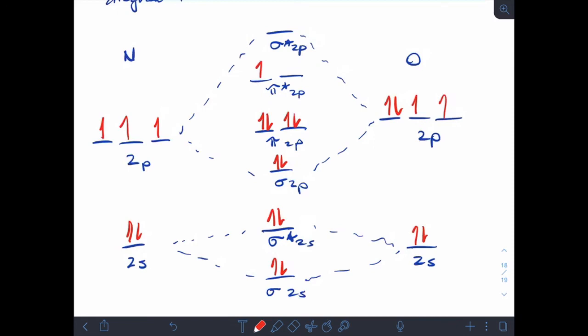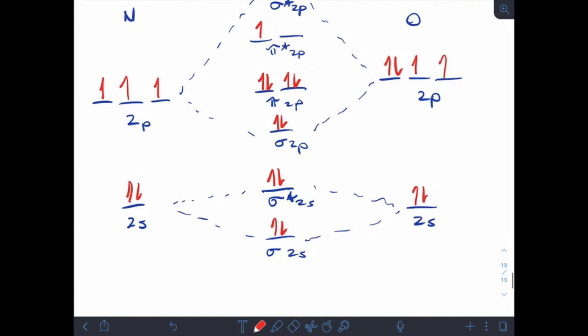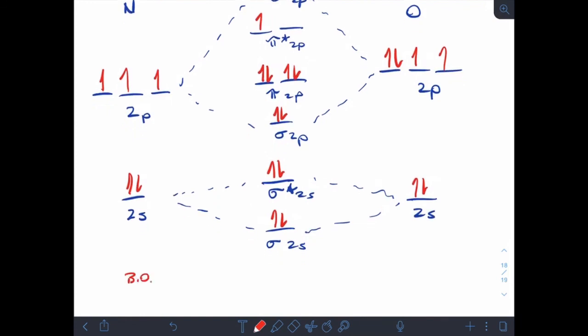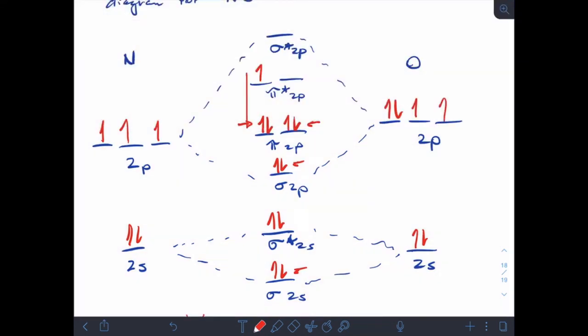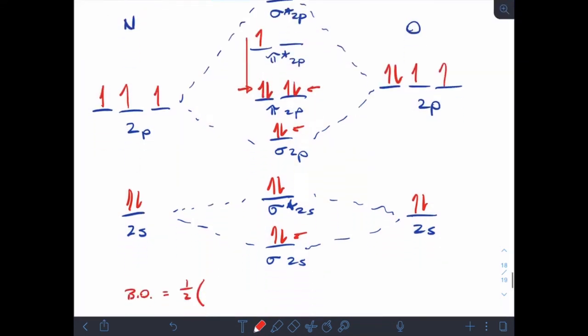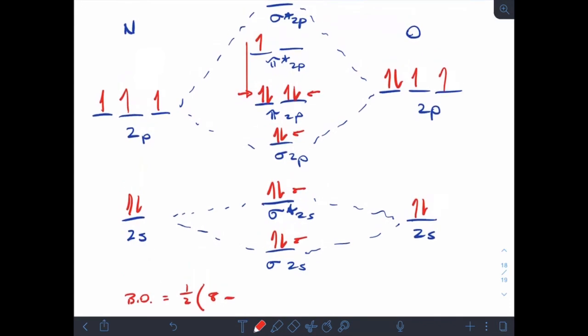Okay, so let's take a look at the bond order, because this will be interesting for you. Bond order, 1/2 the bonding, which we have 2, 4, 6, 8. All right, so 8 electrons in the bonding, minus the antibonding, which we've got 2. Let me come up here to the top.